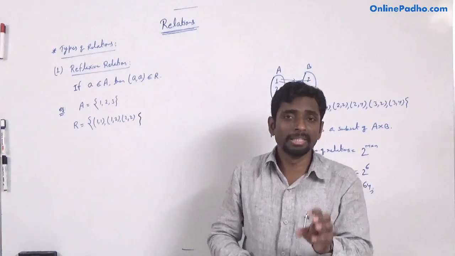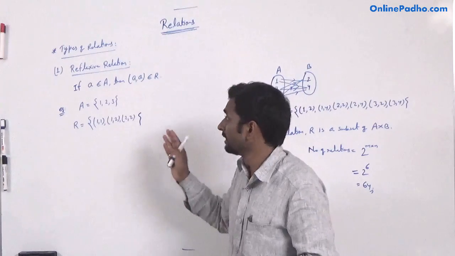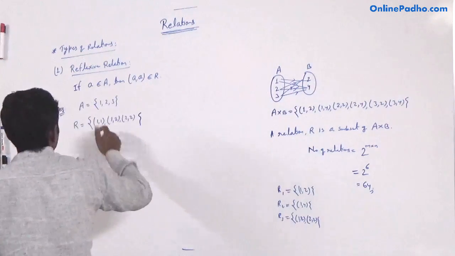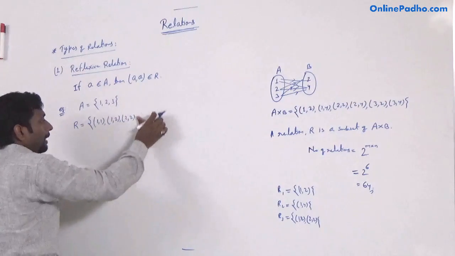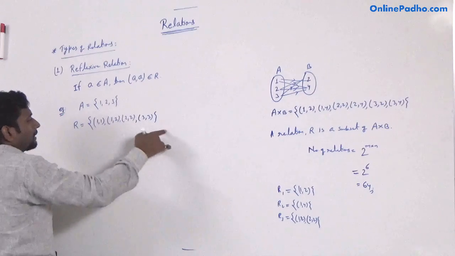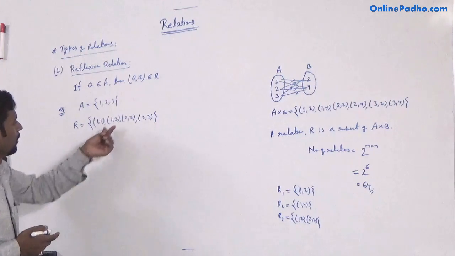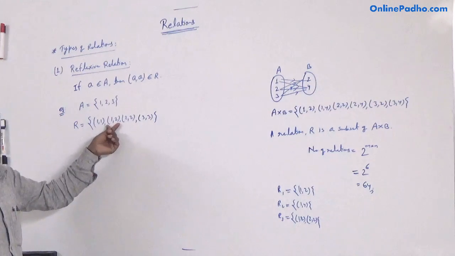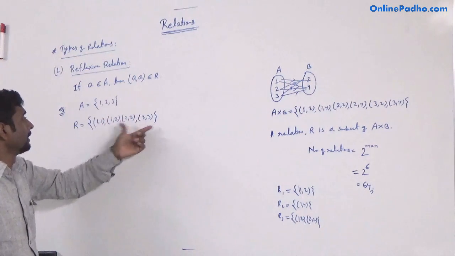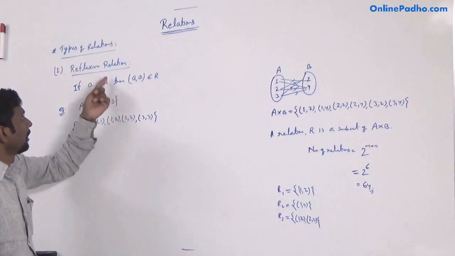Only then can we say that the relation is reflexive. So this is not a reflexive relation for set A. But if you have (3, 3) also in this, now this is a reflexive relation. No problem with an extra element, but we must have (1, 1), (2, 2), (3, 3) in the relation. That relation is called reflexive.